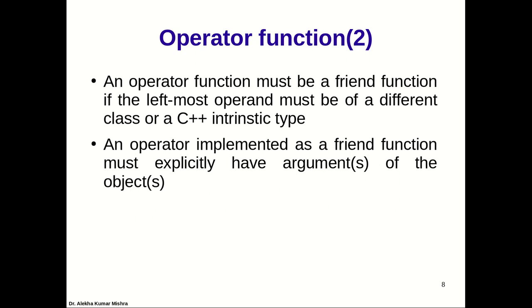So if you are thinking about a time class, we are trying to overload a function in the time class, and we find that the left hand side operand is not of time class type, or maybe it's a primitive type.